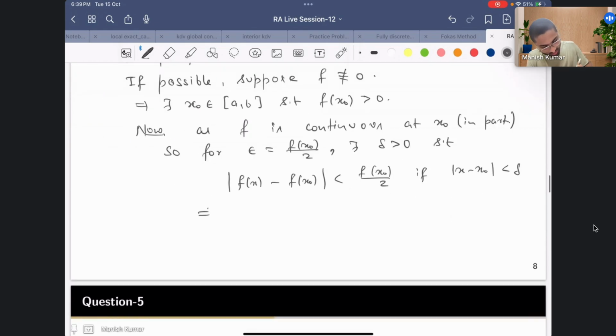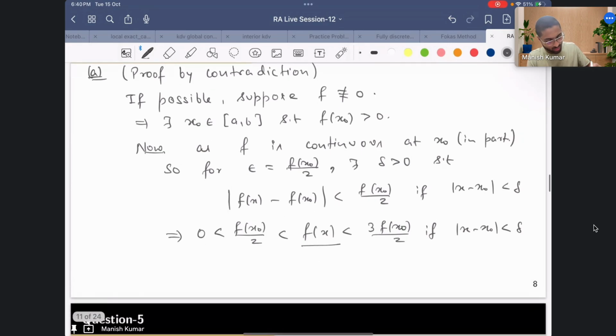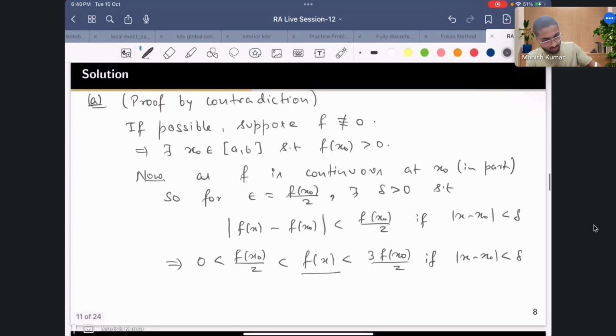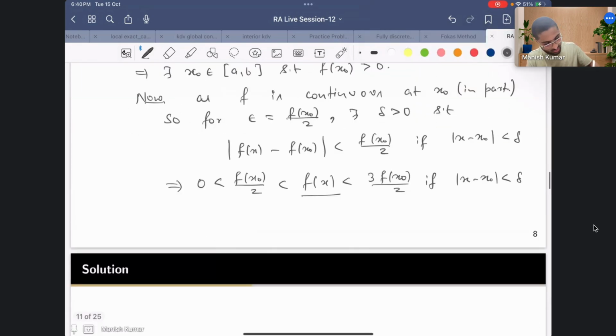This tells you that f of x naught by 2 is less than f of x, which is less than 3 times f of x naught by 2, if |x minus x naught| is less than delta. So this function is strictly positive, because this is strictly positive. We have got a neighborhood where the function is strictly positive, and we have a particular bound as well. Let's call this 1.